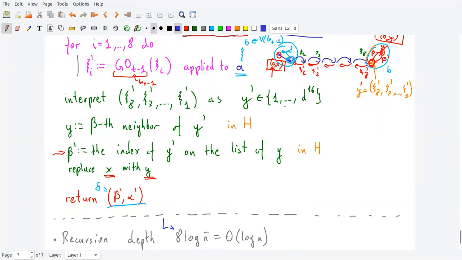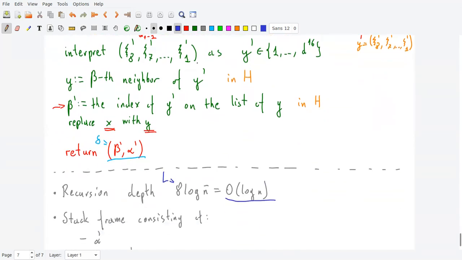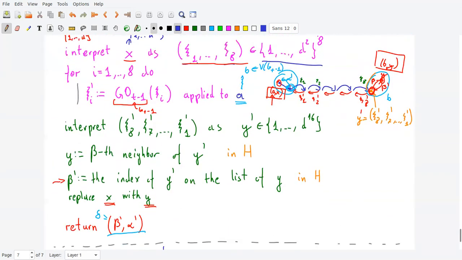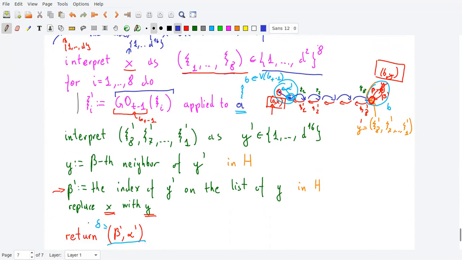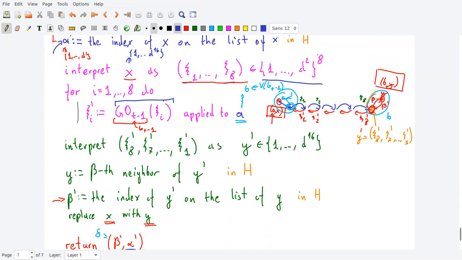So the depth is log n. And what internal data does this algorithm go need to remember when it is making a recursive call? It needs to remember this index alpha prime because it will be needed at the end. It was pre-computed, so this needs to be remembered on the stack.